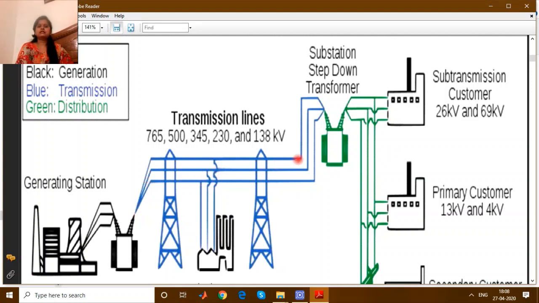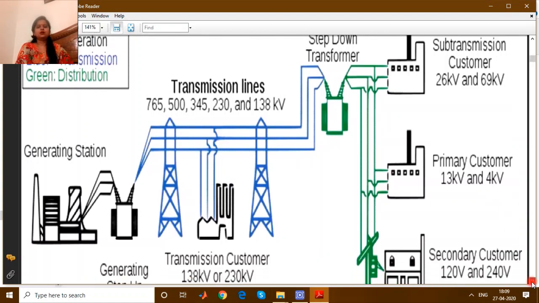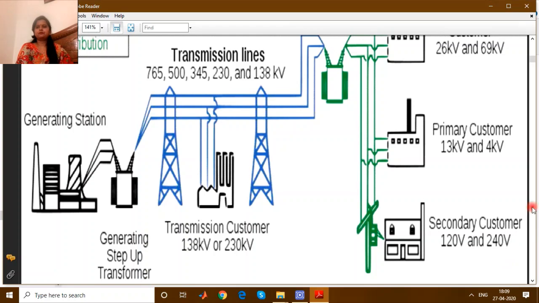After transmission, we need to distribute this electrical energy, and we know that distribution is at a low voltage level, so we need a transformer between the transmitting end and the distribution end. This transformer must be a step down transformer to get the low voltage level of the electrical energy to be distributed, right?